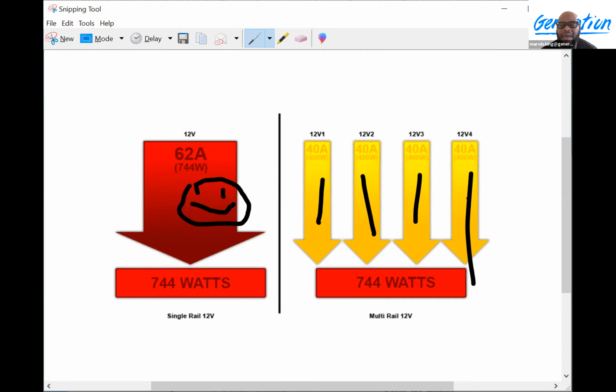So it depends on how the architecture of the rail is set up. With the single, you got one connection. With the multi, you got several connections. And the greatest takeaway from this information is that on the multi, you have several points of shutting it off as opposed to just one point on the other side.